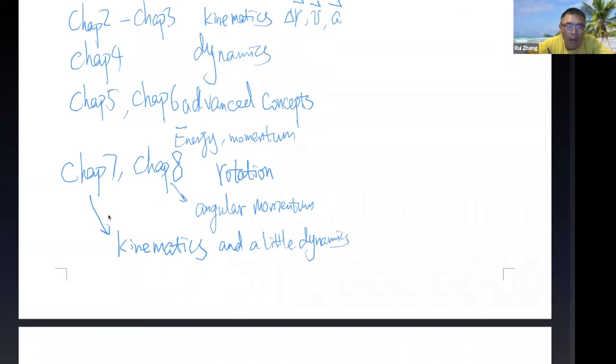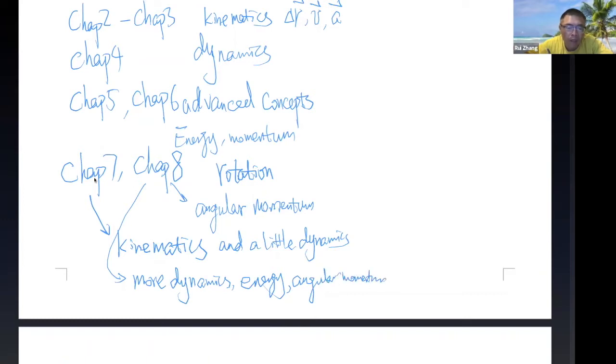In chapter 8, we'll talk more dynamics, and then a little bit of energy. And as I said, if we have time, we'll talk about angular momentum.